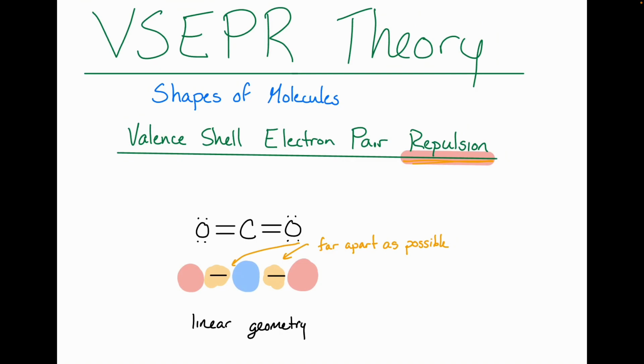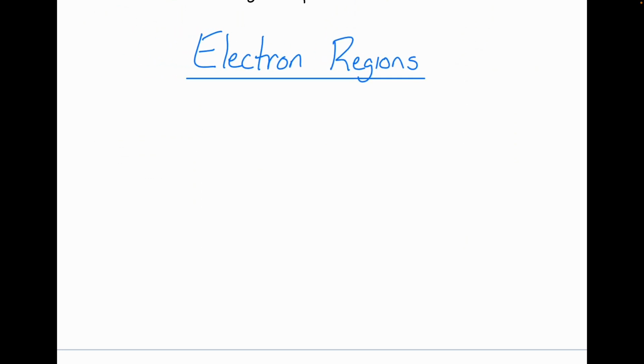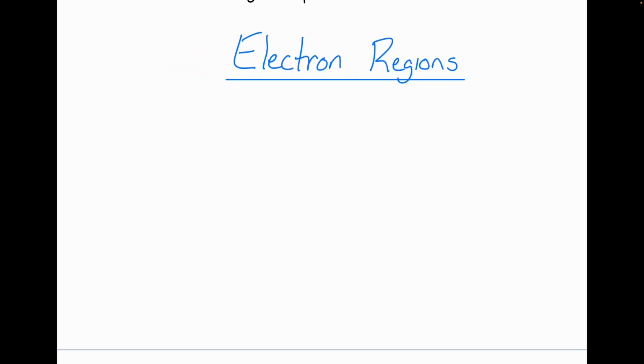So the first thing that we're going to need to do before we can understand these Lewis structures that we've drawn is learn how to look at them and figure out the number of what are called electron regions. We need to count the number of electron regions.